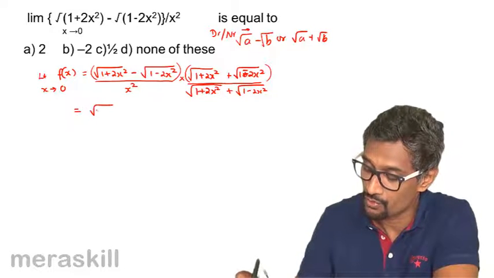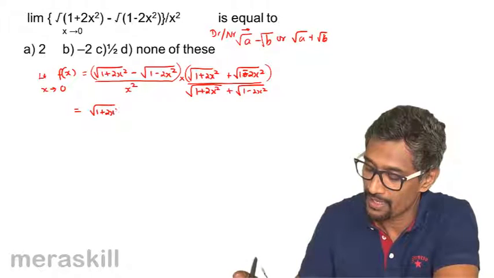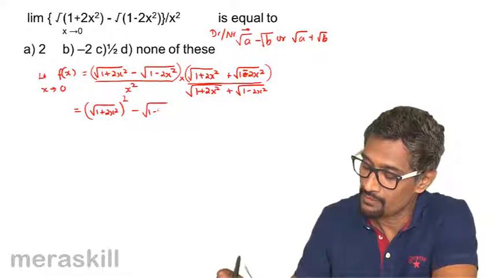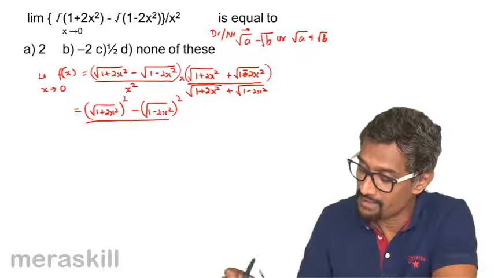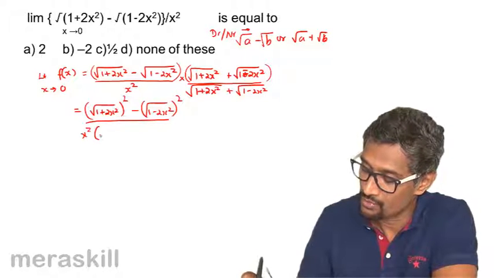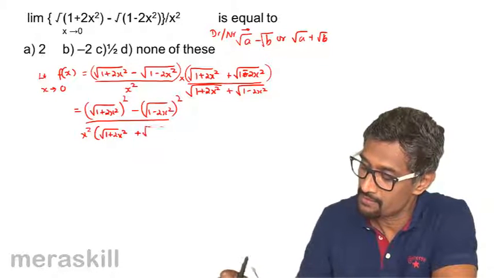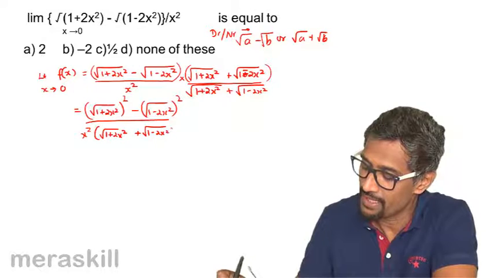So they'll give you root of 1 plus 2x square, the whole square, minus root 1 minus 2x square, the whole square, divided by x square into root 1 plus 2x square plus root 1 minus 2x square.